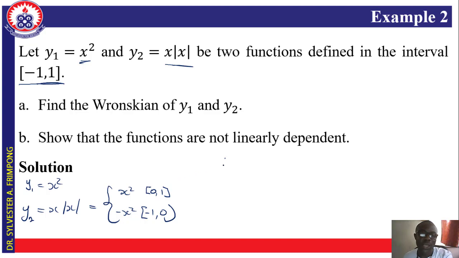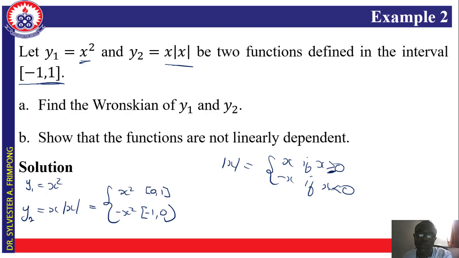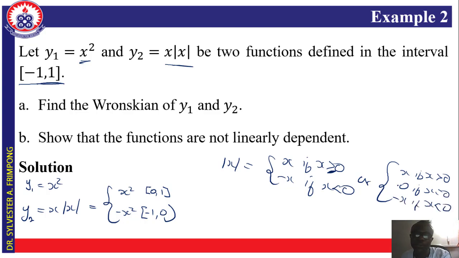This is because the absolute value of x is defined as x if x is greater than 0 and negative x if x is less than 0. Sorry, x is greater than or equal to 0 and negative x if x is less than 0. Some books will define it as x if x is greater than 0, 0 if x is equal to 0, and negative x if x is less than 0. They are all the same. In this case, we combine both the 0 and the x.